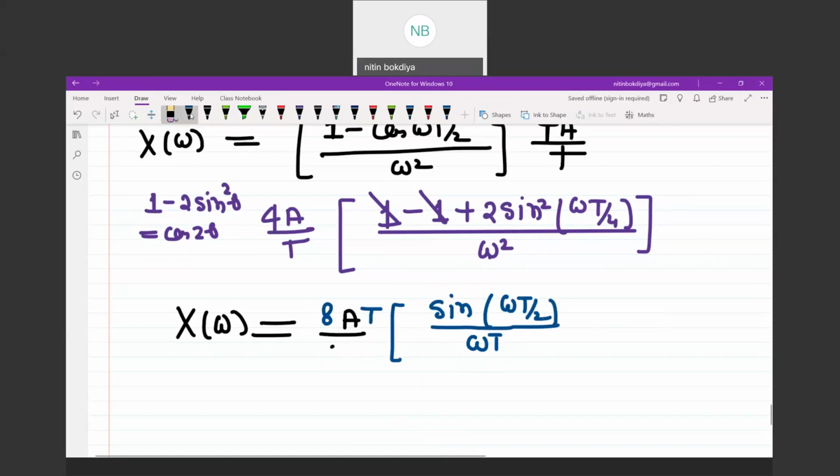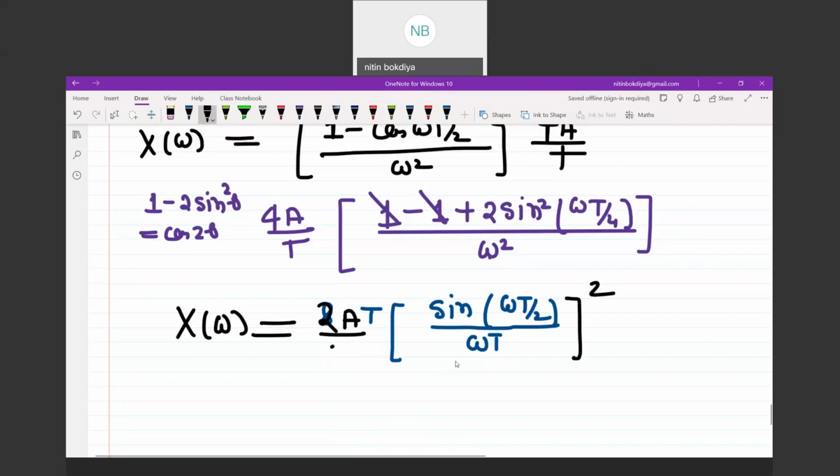What I'm trying to do is bring this whole function into a sin θ by θ form. I want ωt by 2, so I can divide this 4 here.